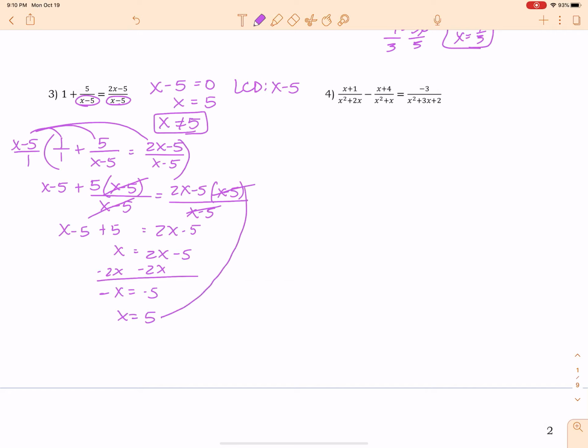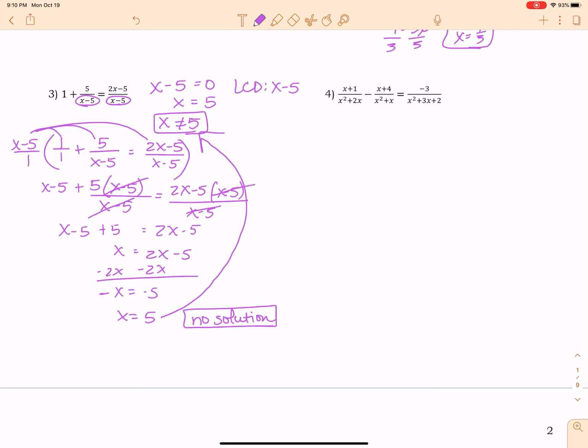Well, we already talked about the fact that x can't be 5, so there is no solution to this problem. And don't freak out about that. That just means that if we were to graph this function, if we were to set it equal to 0 and graph for it, it wouldn't cross the x-axis. That's all that means. So, no big deal.